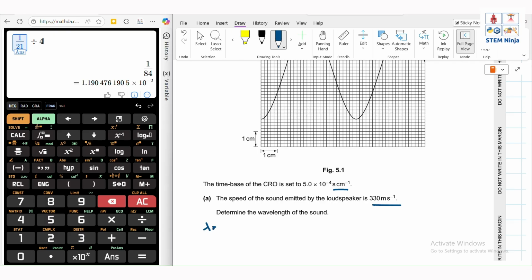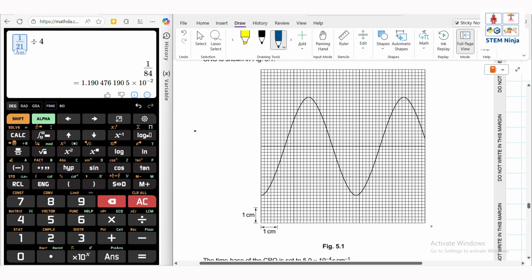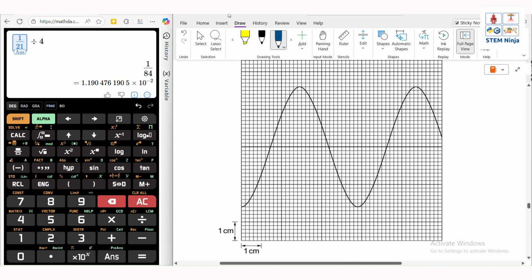For the wavelength, we need speed divided by frequency, or speed multiplied by time period. So time period, which we can calculate from this. All we have to do is to figure out the distance between the points that are in phase, basically.